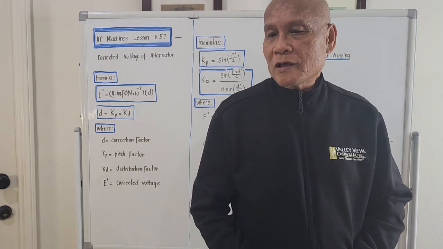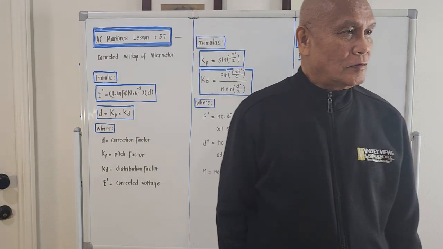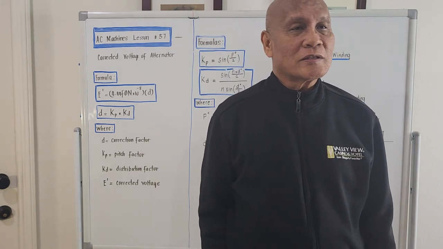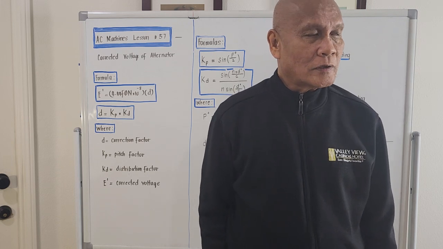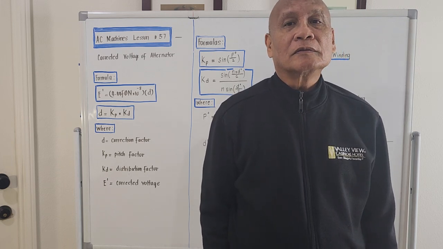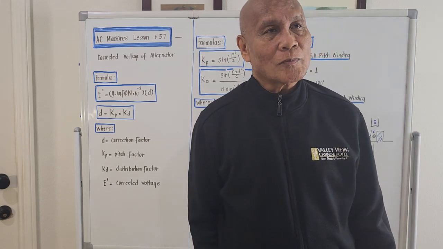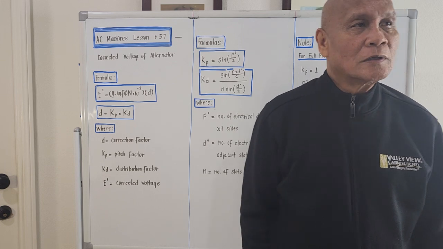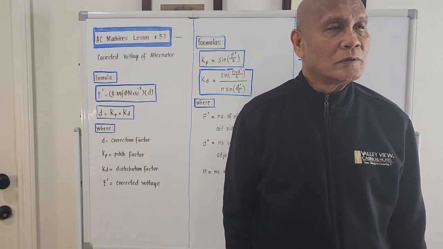My topic for tonight will be a very interesting one because this will now be the study of the so-called corrected voltage of an alternator. The last time around, I derived the formula on how to compute the generated voltage of any alternator.